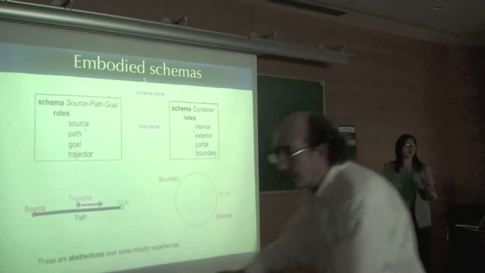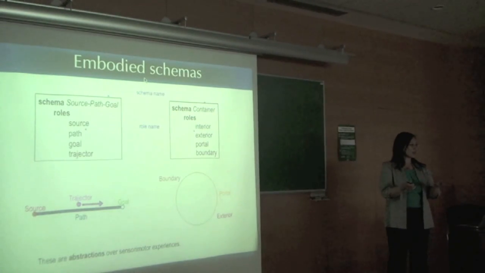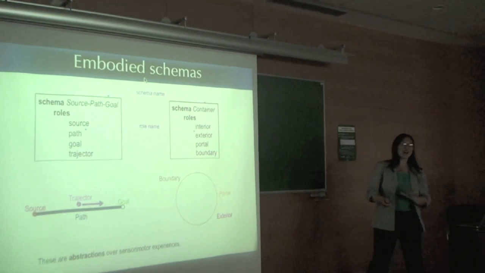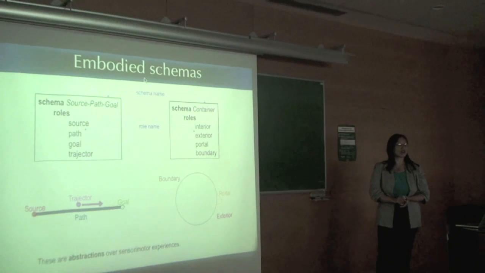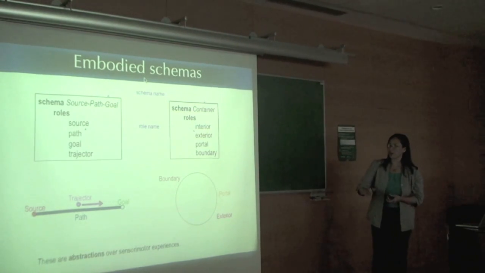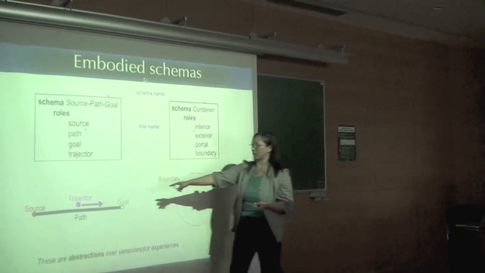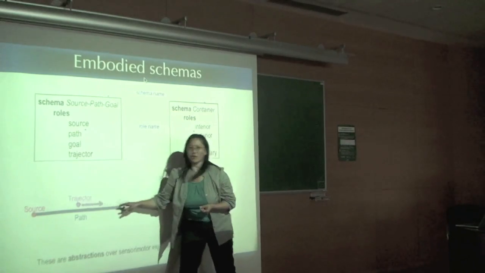Are you familiar with cognitive linguistics at all? Frame semantics, possibly? Okay, well, as a summary, in cognitive linguistics it's a very powerful idea that a lot of concepts are embodied. Recurrent experiences like motion along a path, in this case the idea that there could be a source, a path, a goal, and something that moves along the path, happen everywhere.